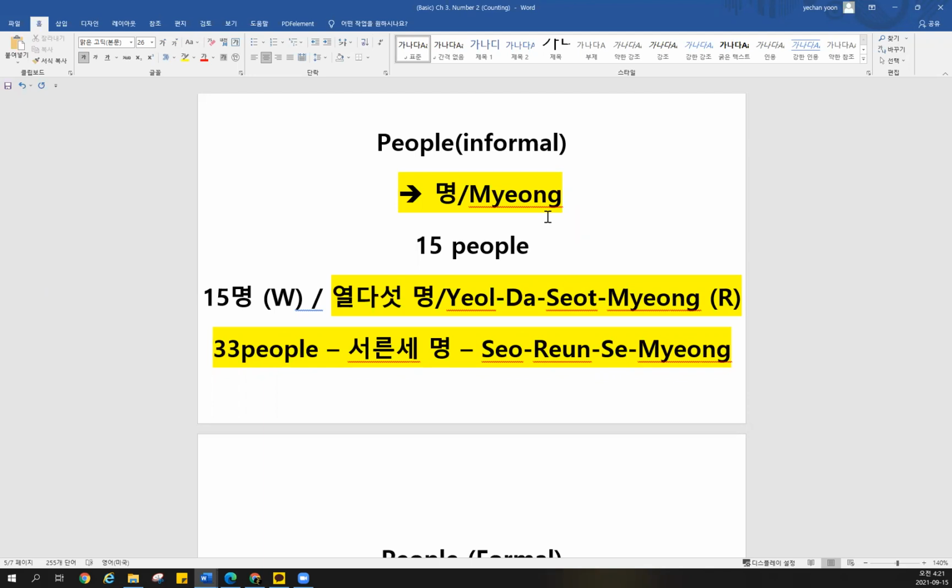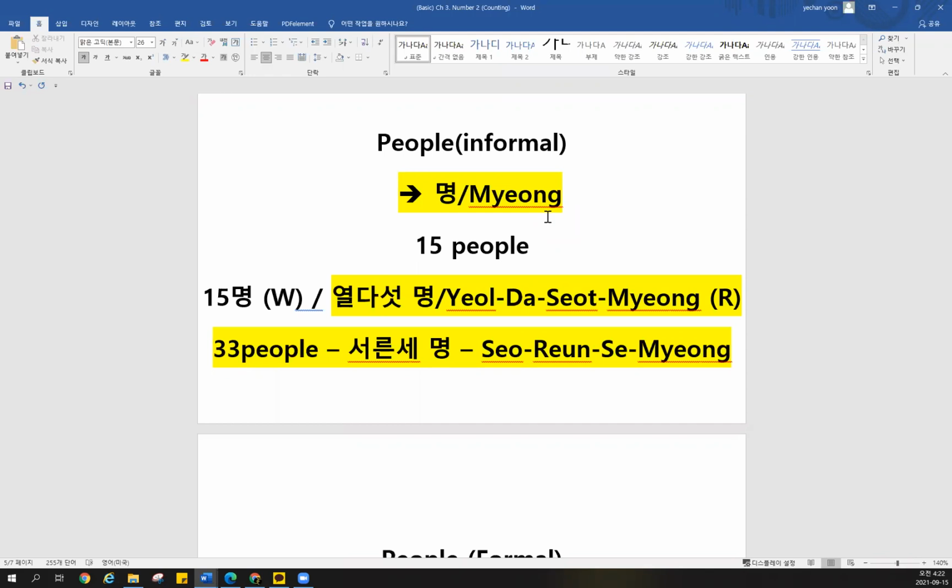Then you're gonna answer, right? Let's say you're the customer. You can of course always use the informal counting word for people. But it doesn't mean you're answering informally, because even if you're using informal counting words, the sentence can also be made formal.